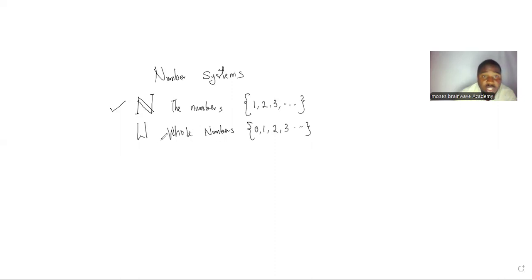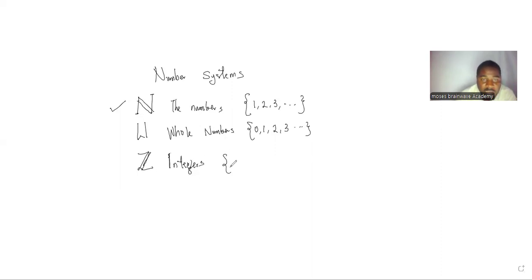Then subsequently, we can go straight to the next set, called the set of integers. Now, what are integers?